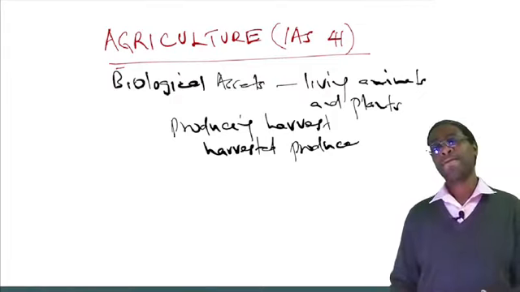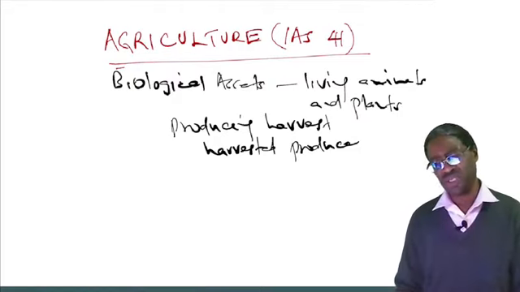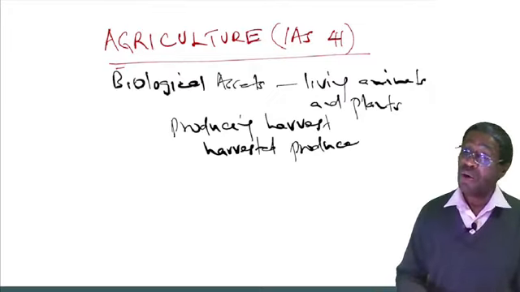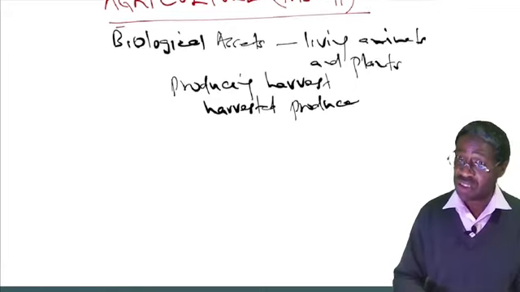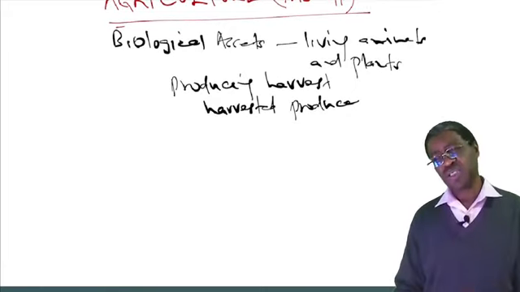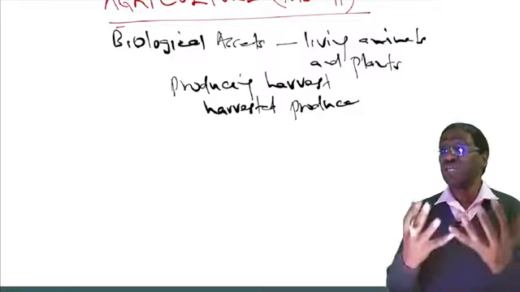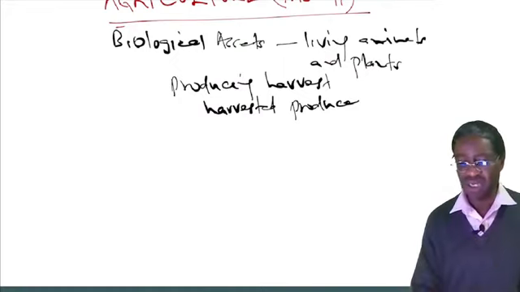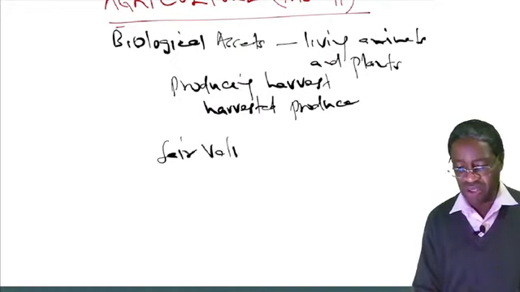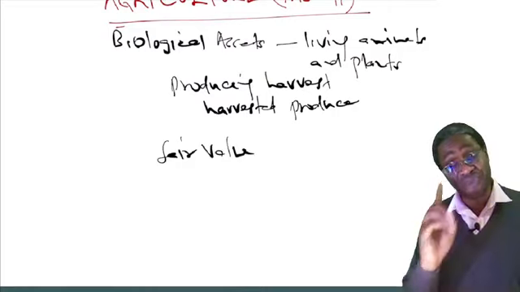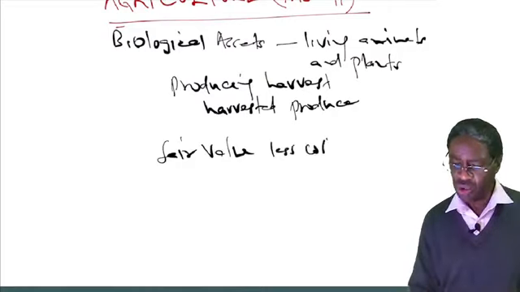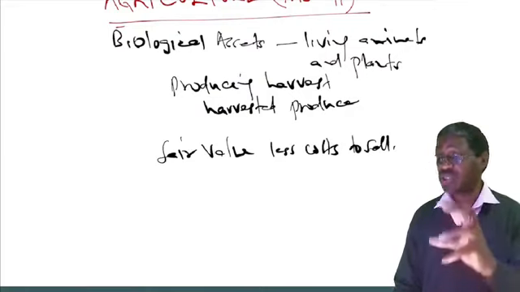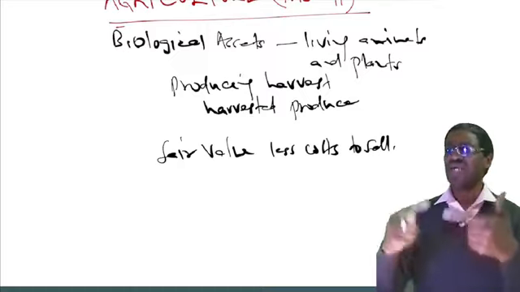Good. Now, as an agricultural activity, how do you measure your biological assets? According to this accounting standard, when you want to record them in the financial statements, you are required to measure the biological assets at what we call their fair values less costs to sell. You get the fair value of that asset, which is the same as market value, and you subtract any cost to sell.